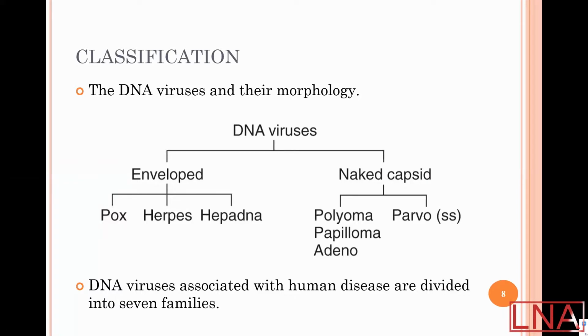Pox, herpes, hepadnaviruses, all of them are enveloped. Polyoma, parvoviruses, papillomaviruses, adenovirus are DNA naked capsid viruses. So, as you see, there are only 7 families which are associated with human diseases. So, that was DNA viruses.